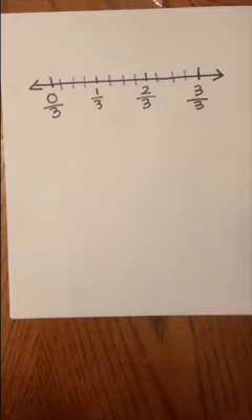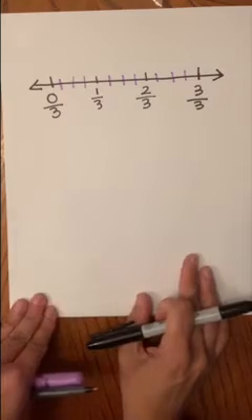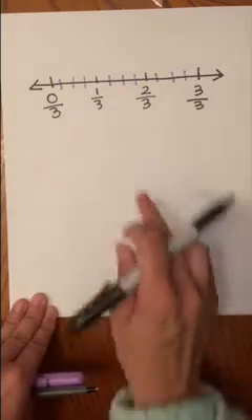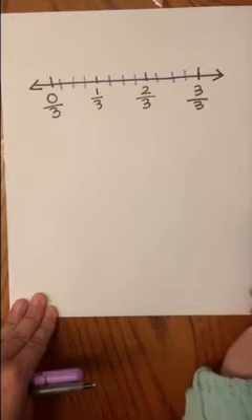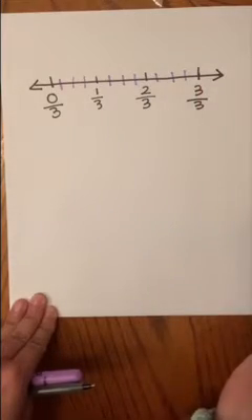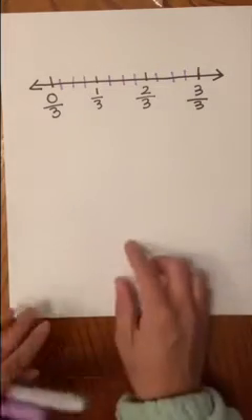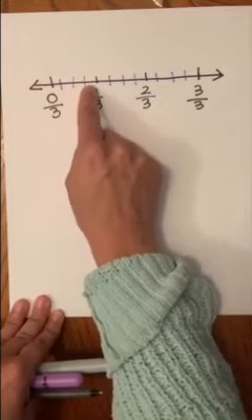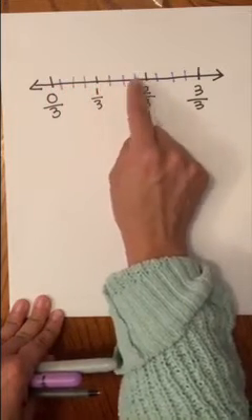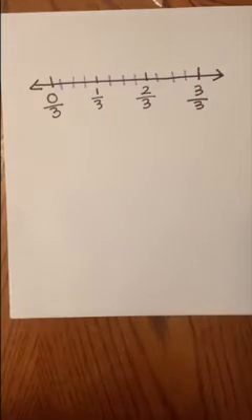But now I could say that my whole number line is no longer cut into thirds, right? After I decomposed it, looks like I made, let's see, 1, 2, 3, 4, 5, 6, 7, 8, 9, 10, 11, 12.